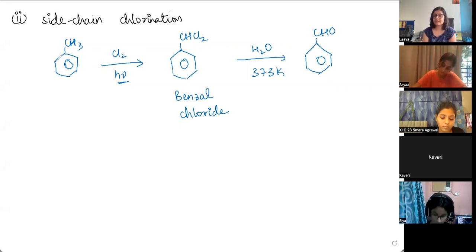So this is free radical chlorination directly. Expose it to chlorine in the presence of light. The side chain only gets chlorinated because that's the only sp3 carbon hydrocarbon that you have. Now, on hydrolysis, it's oxidized to benzaldehyde.